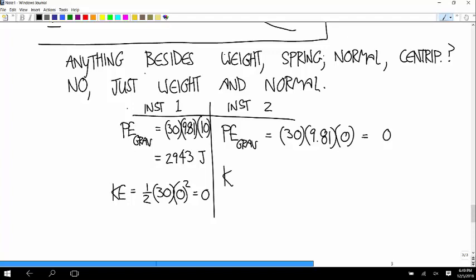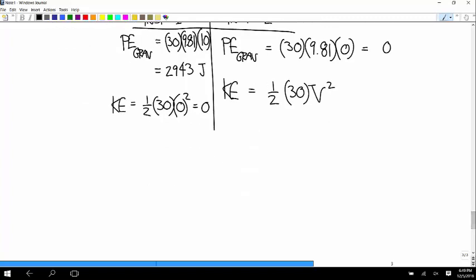And then the kinetic energy is 1/2 times the mass of 30 times the speed squared. What's the speed at the bottom? That's what we're trying to calculate, so we'll just leave that in as a variable. Now conservation of mechanical energy says 2943 plus 0 is equal to 0 plus 1/2 times 30, which is 15, so 0 plus 15 v squared.